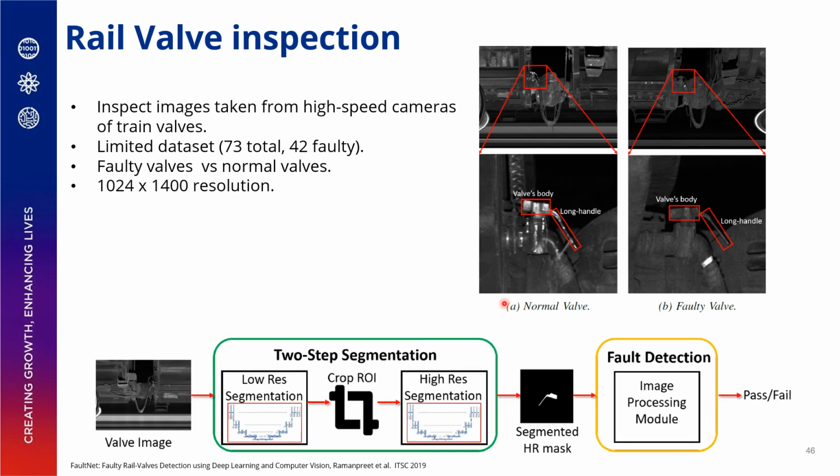what we instead did was we performed two-step segmentation followed by a post-processing step which did fault detection using a computer vision module. As the images are 1024 by 1400, you cannot perform even baseline UNet segmentation on these before your GPUs at that time run out of memory. However, these walls are very small in size, right?